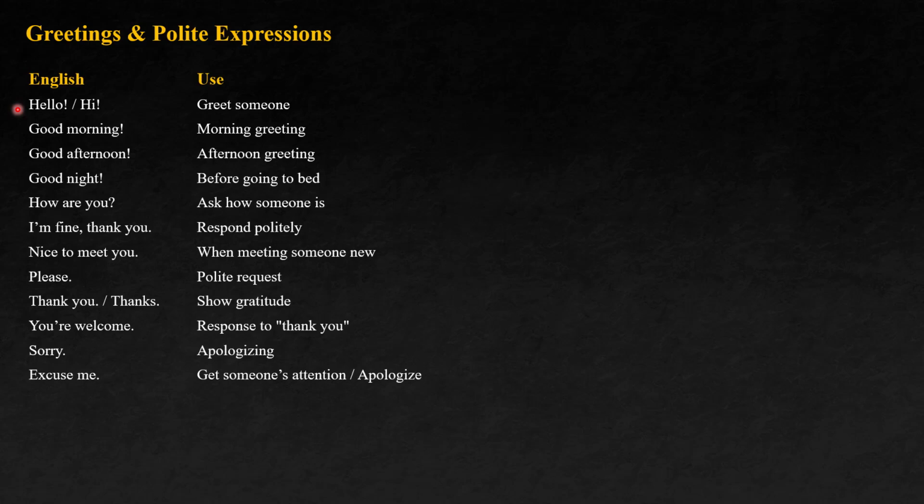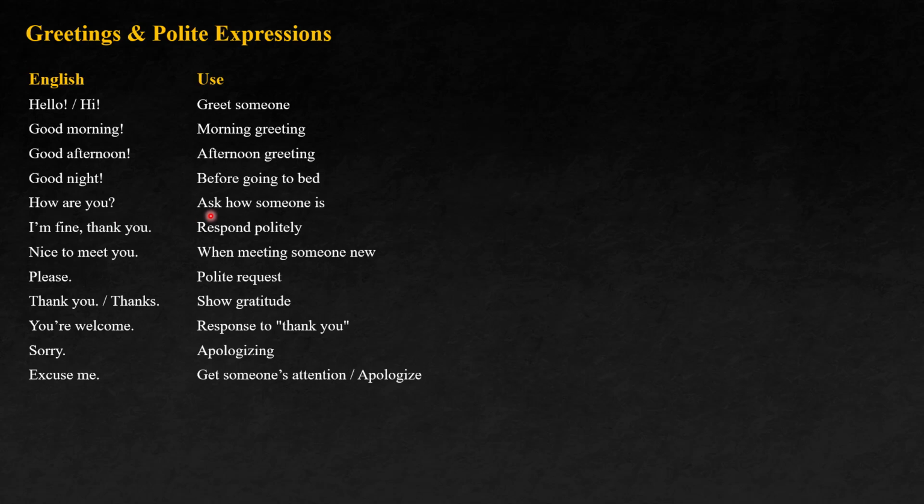Before going to bed, you can say good night. Everyone knows it, but try to use it. If you don't know even a single word in English, please say good morning, good afternoon, good night to people. There's no harm in saying it. You won't lose your gold or your property if you say these three greetings to your colleagues, or even to strangers.